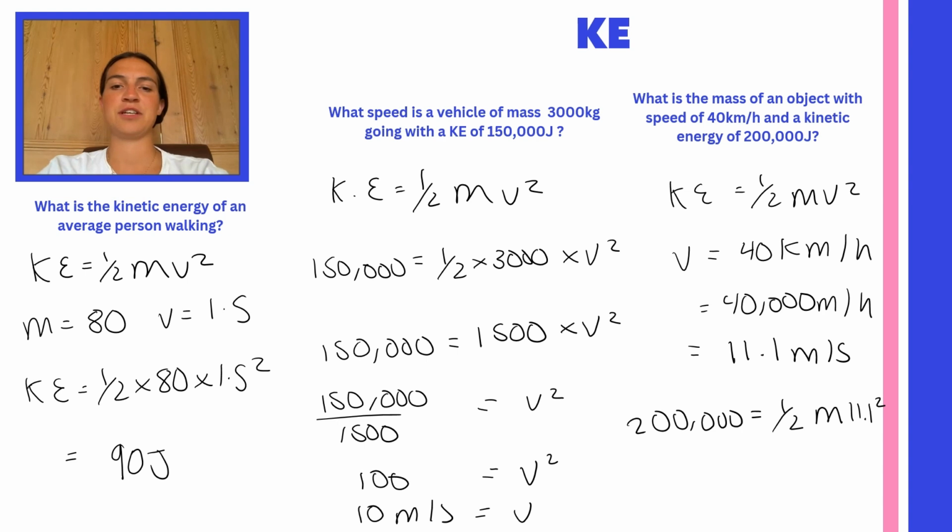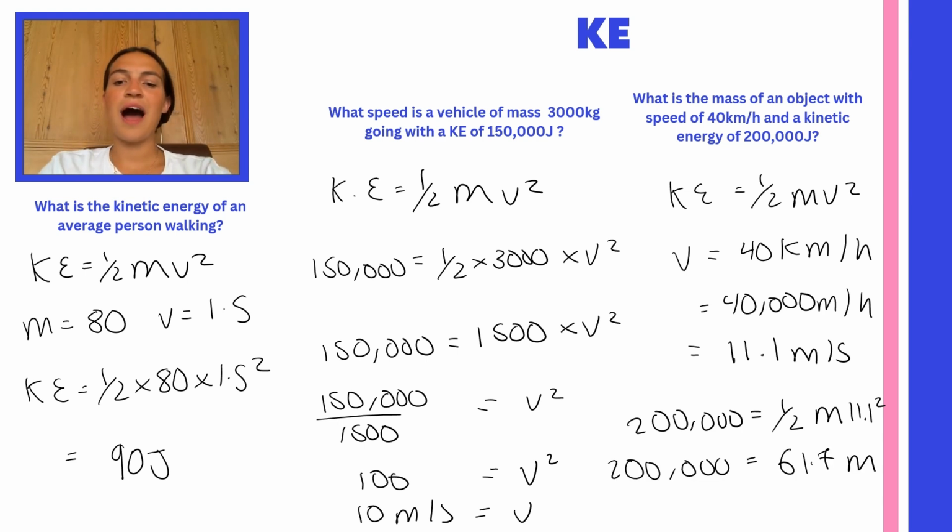So kinetic energy was 200,000 equals a half times mass times 11.1 squared. So if I simplify that right hand side, I get 200,000 equals 61.7 multiplied by m. Therefore, dividing that 200,000 by 61.7, I get 3,241 kilograms for my mass.